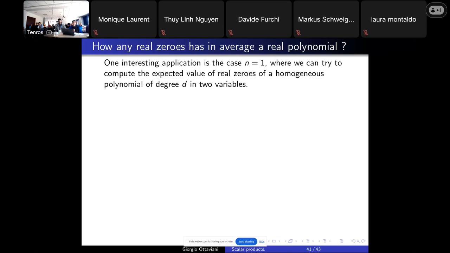You pick a number D, now we will pick a random f, a homogeneous polynomial in two variables, and the question is how many real roots? You should have the expected value, which is of course a number between 0 and D.